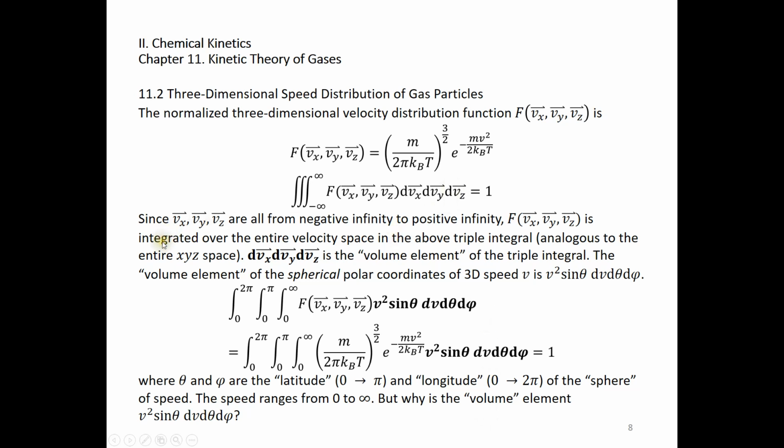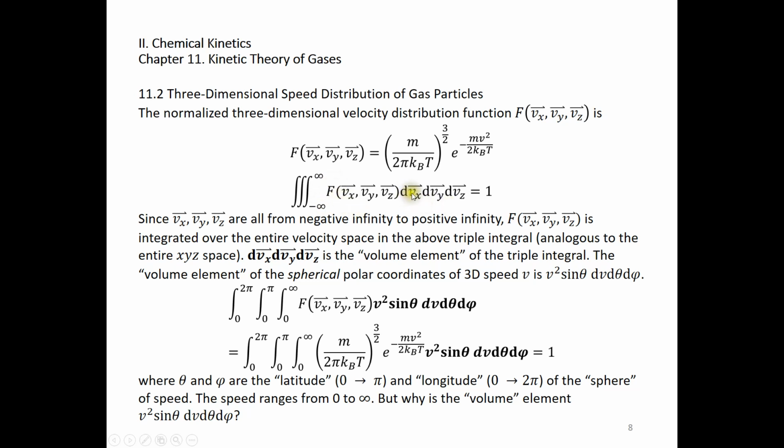The normalized three-dimensional velocity distribution function can be written as this. We have a normalization function in the front. We have a Gaussian function of the three-dimensional speed over here. And we know this has to be 1 if we integrate the velocities in the three dimensions from negative infinity to positive infinity.